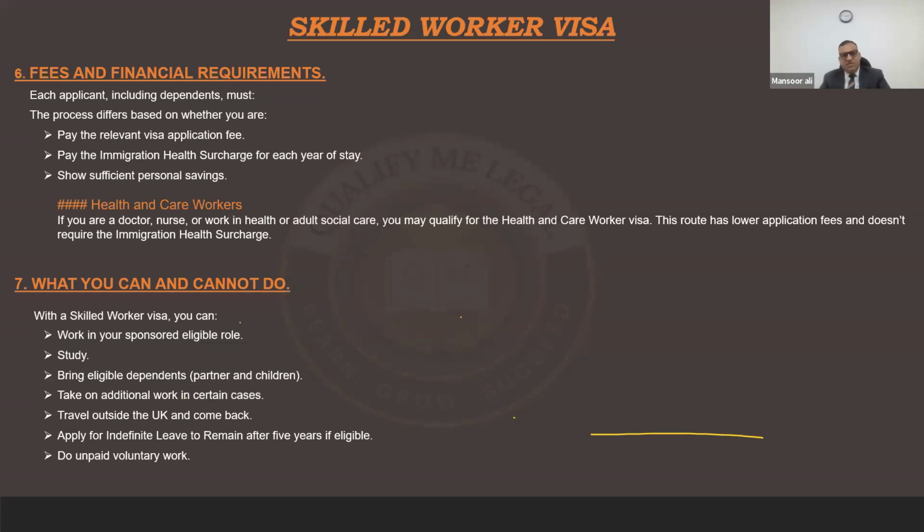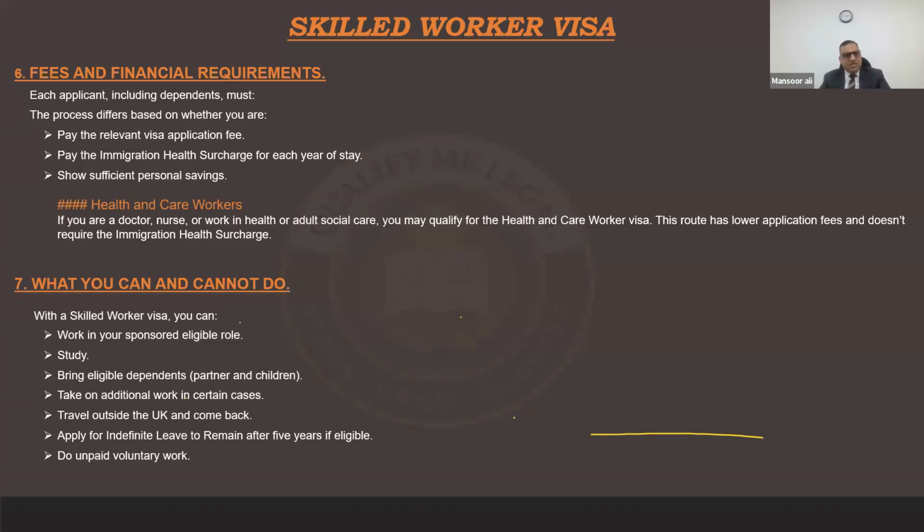For instance, if a person has come to the UK with a grocery store as an HR manager, then yes, you can do a part-time job somewhere else for up to 20 hours, but it should be in the HR department of the grocery store or the HR department of any other area.